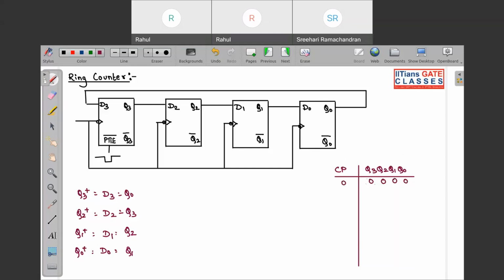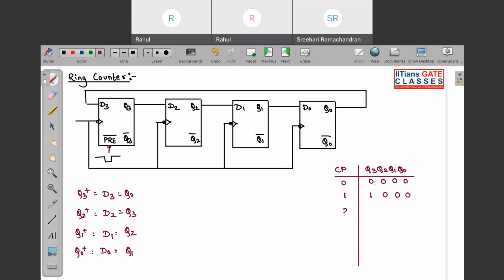Now you can see there is a preset-bar input over here. If I have an active low input, what will happen? At this particular instant, Q3 is going to be preset to 1. So at clock pulse 1, let this phenomenon occur. So Q3 will be equal to 1, Q2 0, Q1 0, Q0 0.